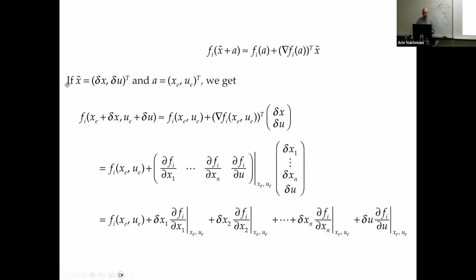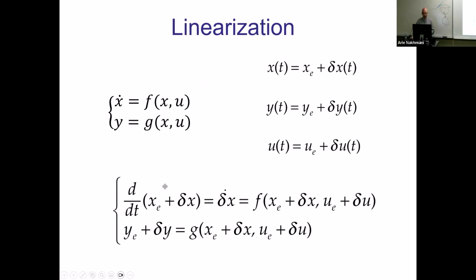So for that particular point, where that x tilde from the previous slide equals delta x and delta u, and your equilibrium point is x_e and u_e, all right? I'm just putting that in. So practically I'm taking that equation and writing its linear approximation, right?